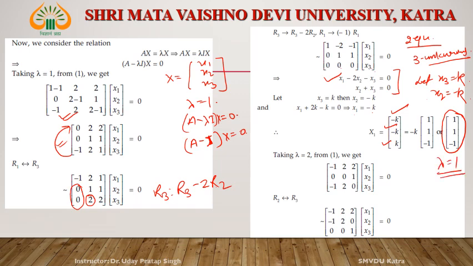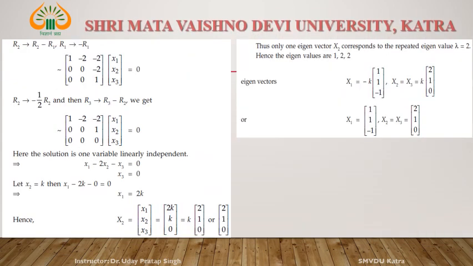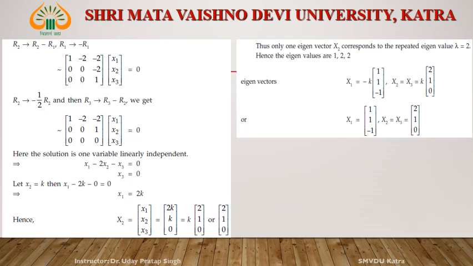Again, let us assume x1, x2, x3 is the eigenvector corresponding to lambda equal to 2. Either you assume x1, x2, x3 or you can assume y1, y2, y3, whatever you want. Convert this system into the echelon form. After converting it into the echelon form, we find this equation. In this, x3 is 0, then x1 minus 2x2 is 0, so x1 equals 2x2.